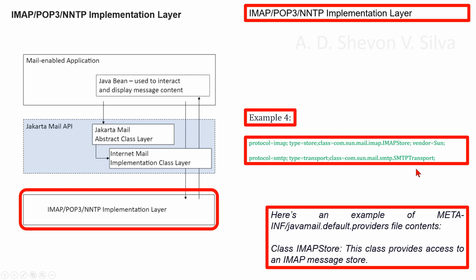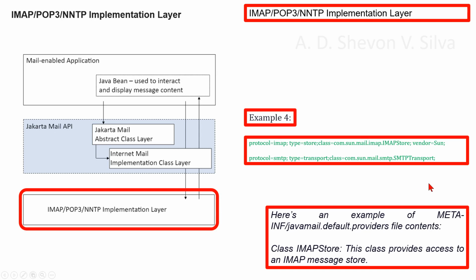Here is an example of META-INF/javamail.default.providers file contents. The javamail.providers and javamail.default.providers resource files specify the stores and transports that are available on the system, allowing an application to discover what store and transport implementations are available.